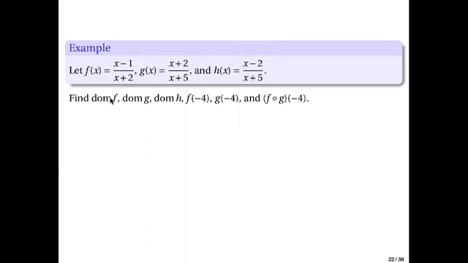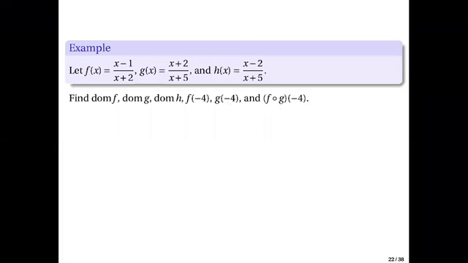So we want to find the domain of f, the domain of g, and the domain of h. And then we also want to find f of negative 4, g of negative 4, and f circle g of negative 4.